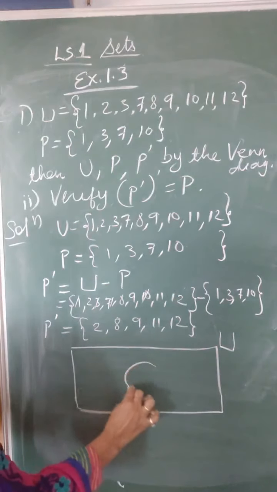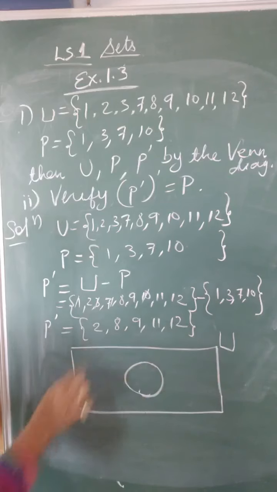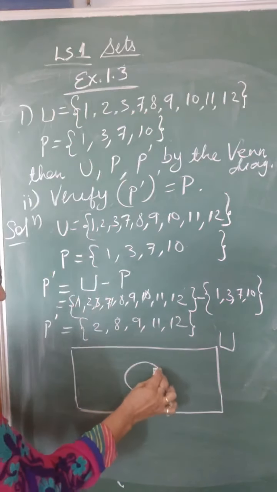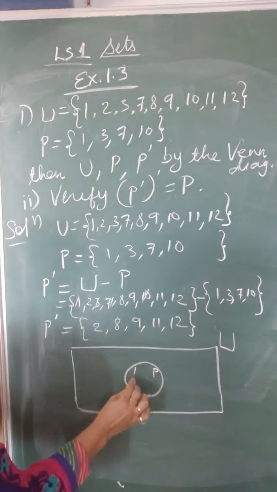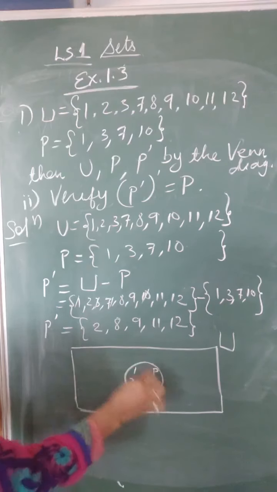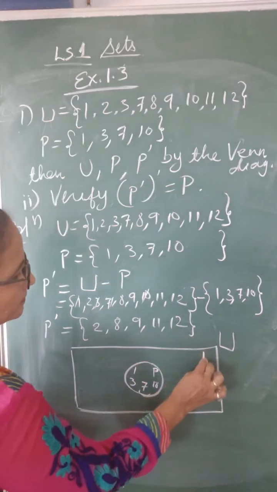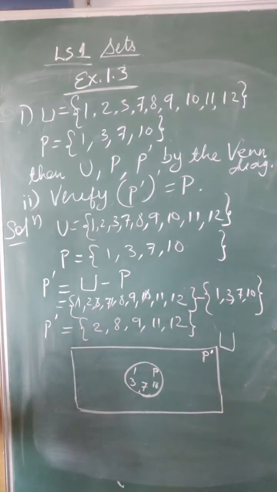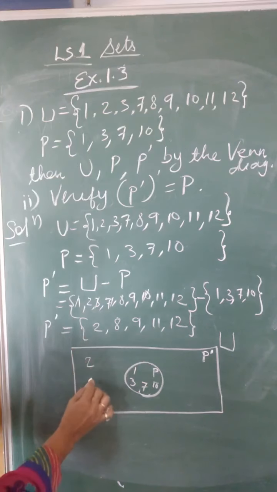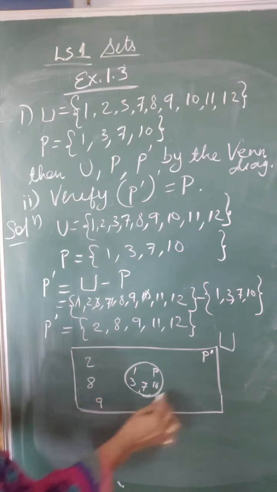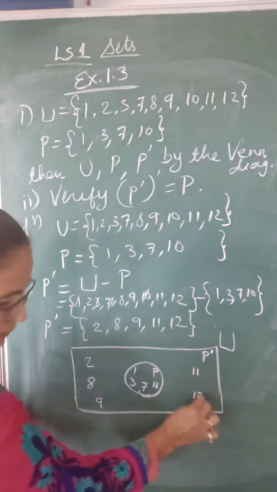Now here write the elements of P. What are the elements of P? 1, 3, 7, 10. And take here the complement of P, that is P dash. What is P dash? 2, 8, 9, 11 and 12.